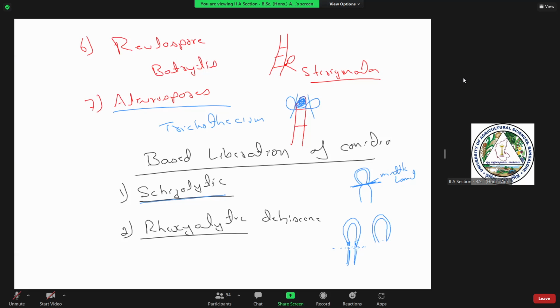That is, the outer wall of the cell beneath or between the conidia breaks and they behave as independent conidia. This type is called rhizolytic dehiscence.